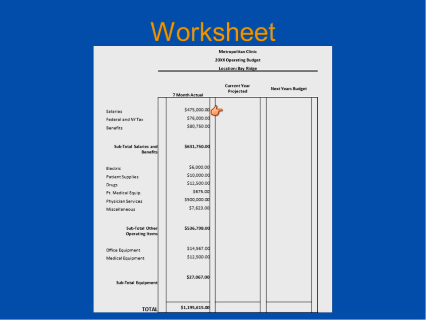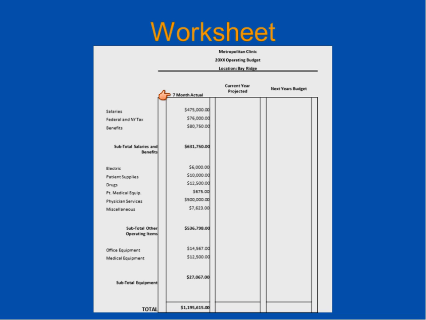But a year is 12 months. And so we go through a process called annualization. Essentially what we do is we take the amount, 475 in this case, and divide it by the time period that it was incurred. In this case, 7 months.